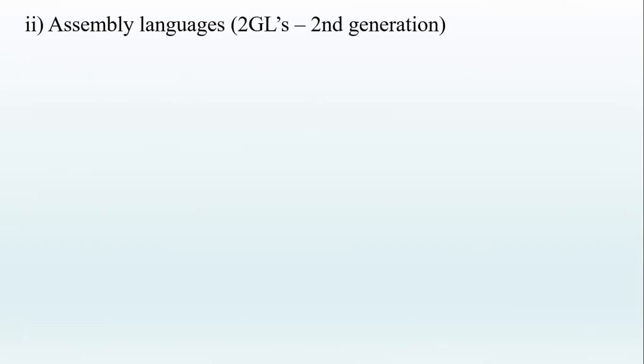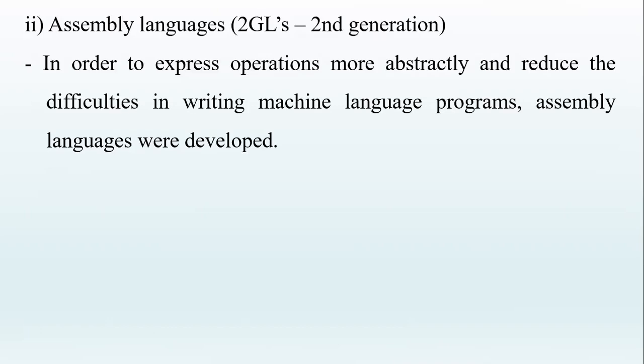Let's now look at the assembly languages, or what we call the second generation programming languages. In order to express operations more abstractly and reduce the difficulties in writing machine language programs, assembly languages were developed.